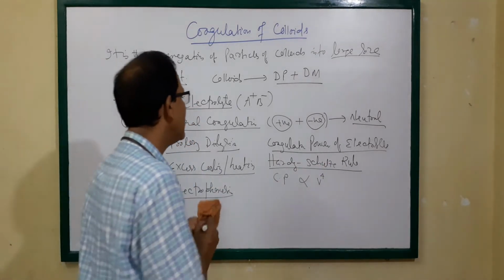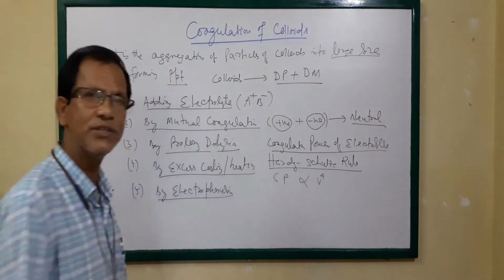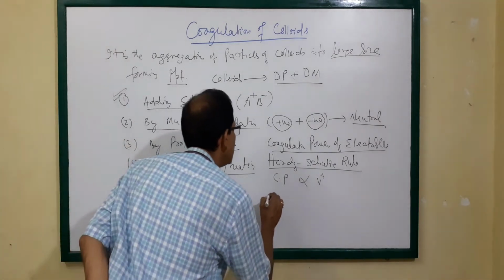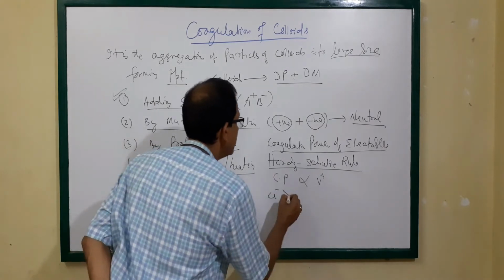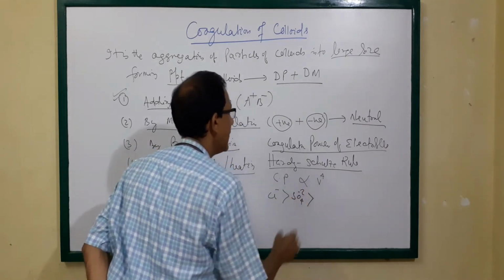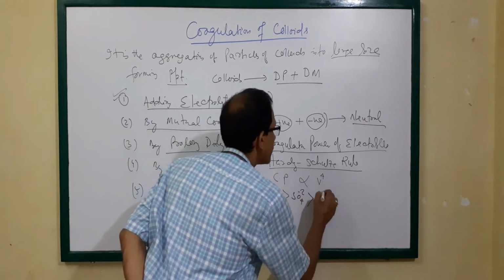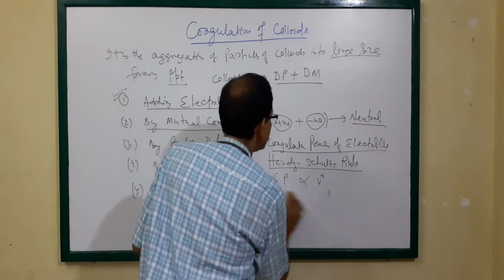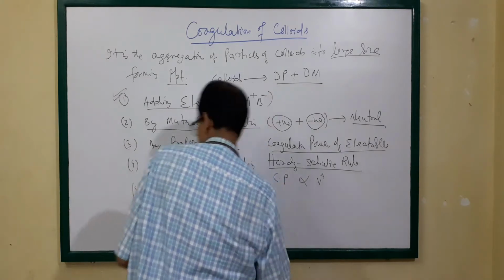If we compare the coagulation power for positive colloids, the power will be Cl- greater than sulfate ion, greater than phosphate ion. Sorry, it is just the opposite way.